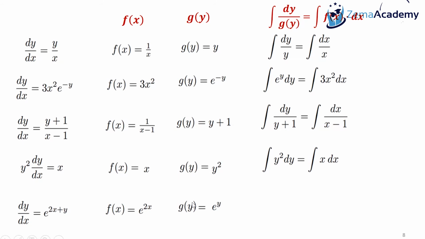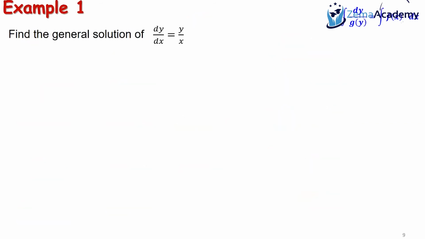Once you have got this, you can replace it in terms of the formula, which tells you that the integral of dy over g(y), which in this case is e to the power y, equals the integral of f(x), which is e to the power 2x multiplied by dx over here. So these were 5 examples showing you how to separate out the x terms and the y terms.